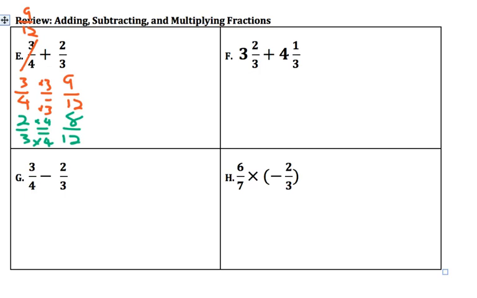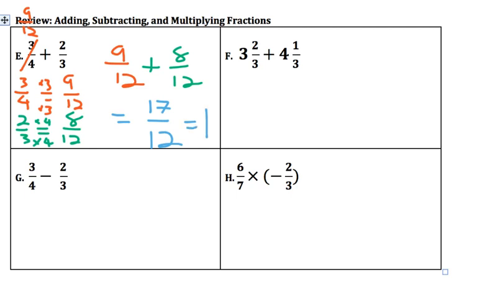So our new problem would become 9/12 plus 8/12. And now we can just add across. We would get 17/12. So that would be the final answer, but you could also rewrite it as 1 whole. And since 17 is 5 more than 12, that would be 1 and 5/12.